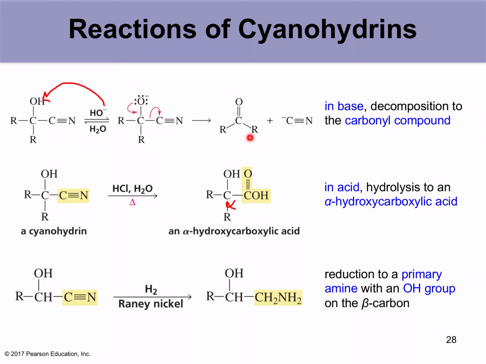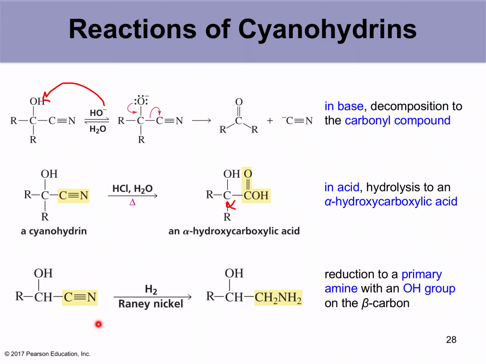alcohol is acidic, creating the alkoxide anion, and then it reforms the carbonyl group and leaves the cyanide group, giving back the original ketone. Then if you heat the cyanohydrin with hydrochloric acid and water, the cyano group becomes hydrolyzed, giving you a carboxylic acid. So you have a carboxylic acid, and on the alpha carbon you have an alcohol group. We call it an alpha hydroxycarboxylic acid.